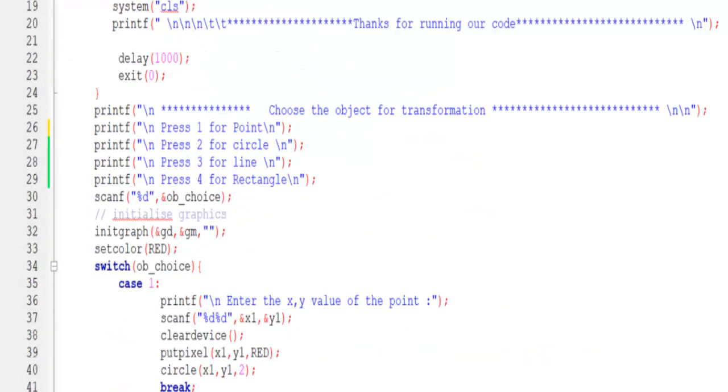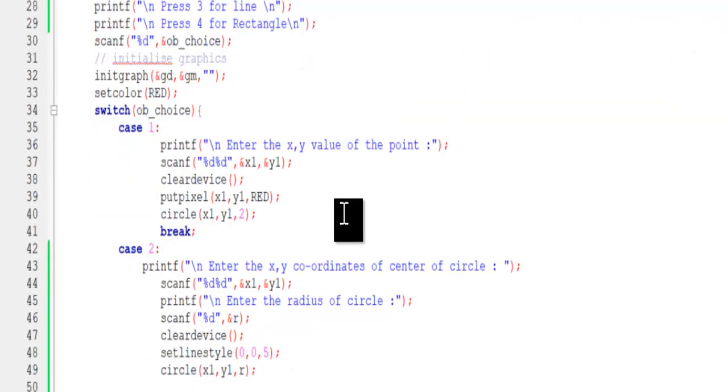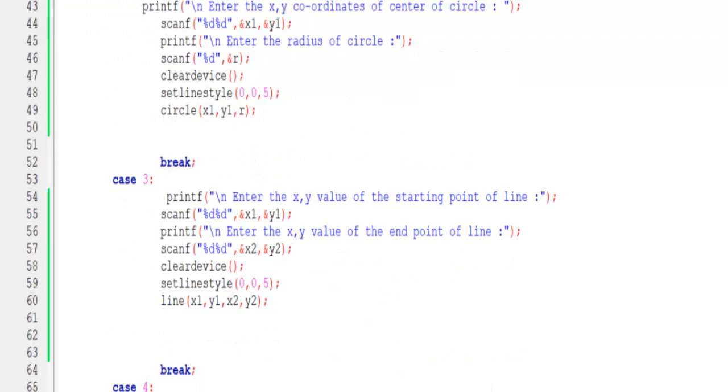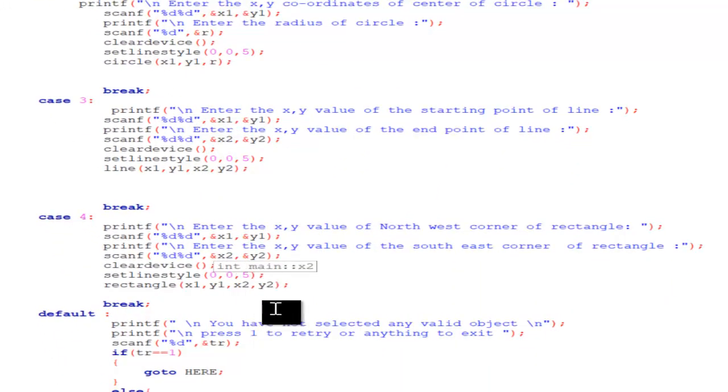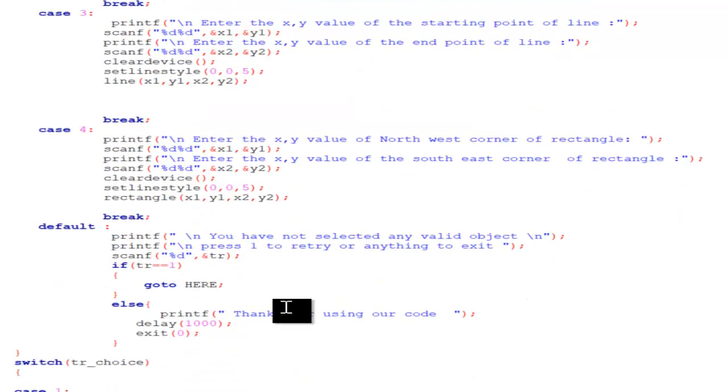Okay, so I'm getting the choice. Then accordingly, as I have explained in the class, I draw either the point or the circle or the rectangle or the line. Taking the coordinates, we have already done it, right? And this is quite obvious now.